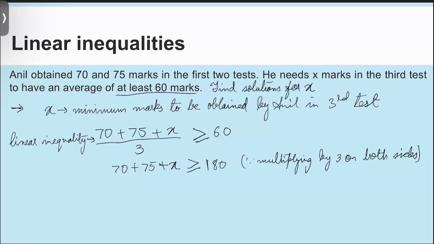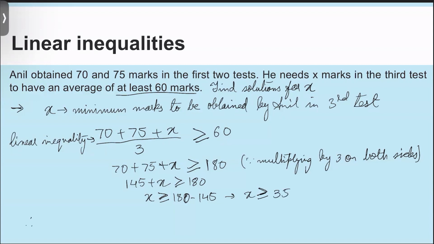Now, if you solve this, you will get 145 plus X is greater than or equal to 180. So if you subtract 145 from both sides, so that we get only the variable on the left hand side, you will get 180 minus 145. That is going to give you X is more than or equal to 35.